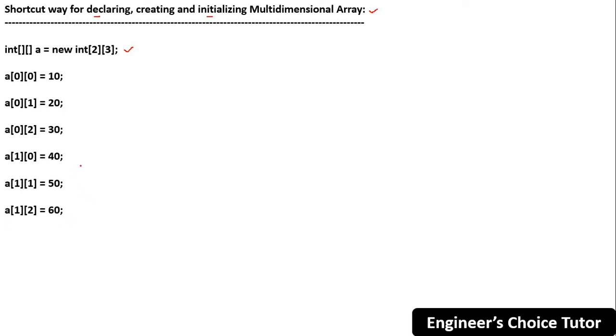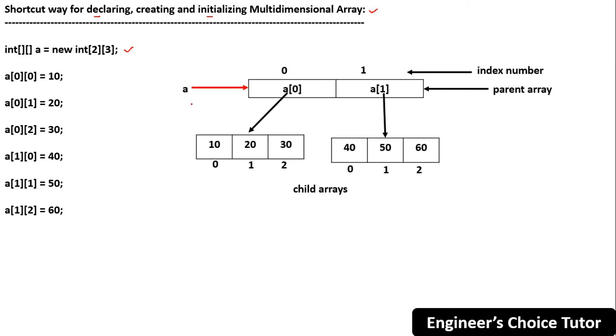An object will be created like this. A is pointing to the parent array, and inside the parent array we have A of 0, which is pointing to one child array of size 3, and the values are 10, 20, 30, because you are setting them here. See, 0 0 combination 10, 0 1 combination 20 and 0 2 combination 30.